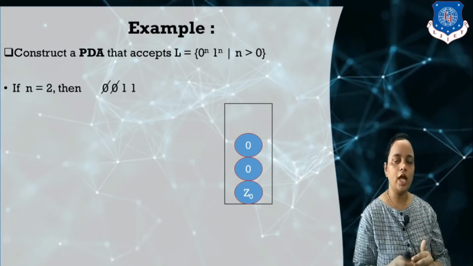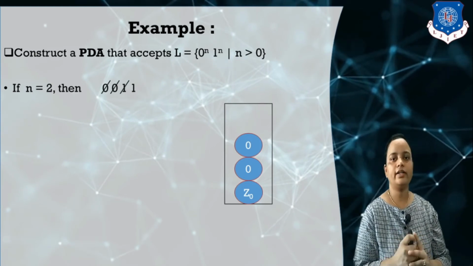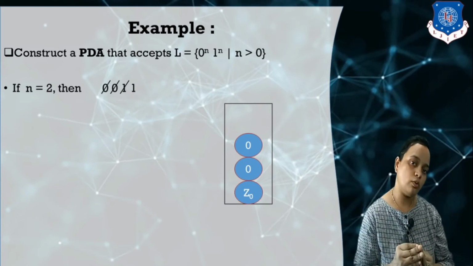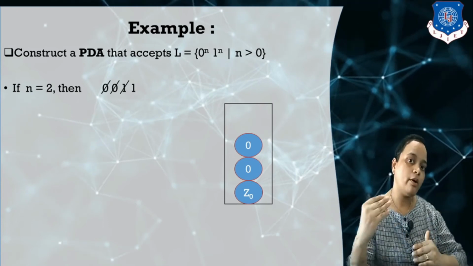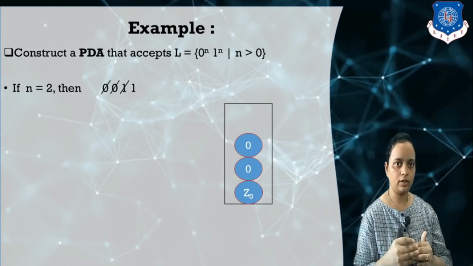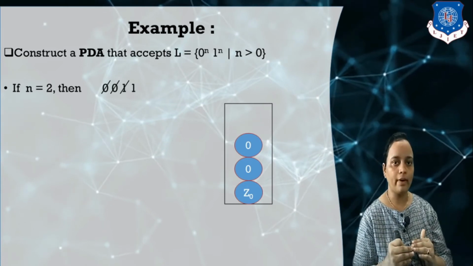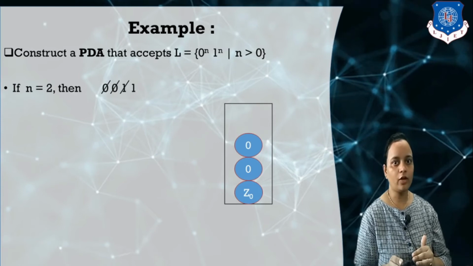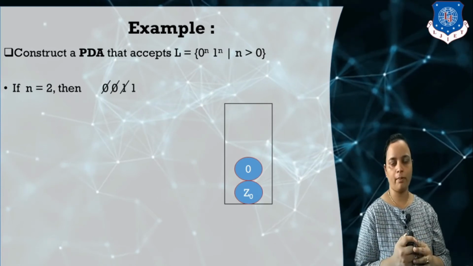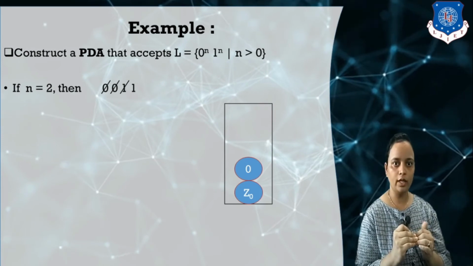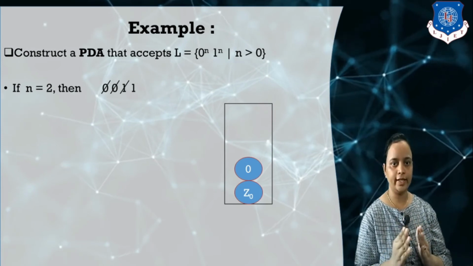Now I read the input 1. We are now performing a pop operation. So if my input symbol is 1 and the top of the stack is 0, I perform one pop operation, deleting the topmost symbol from the stack. Now if you see, the stack contains only one symbol 0.